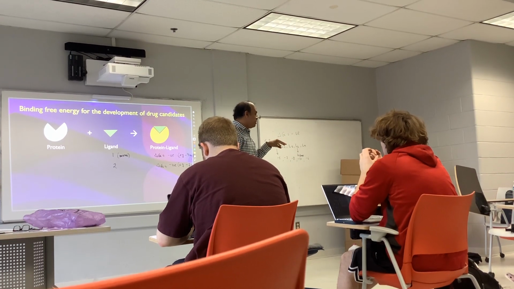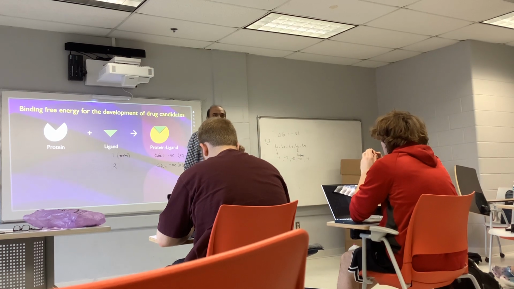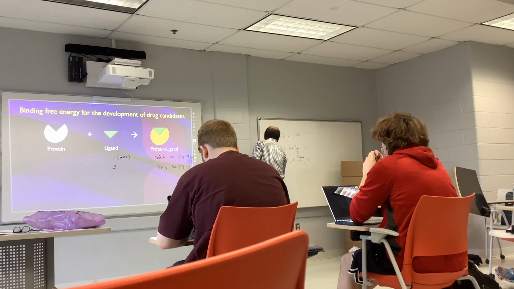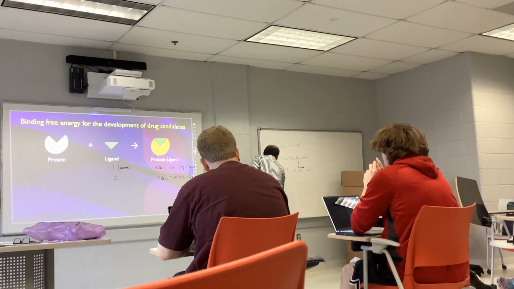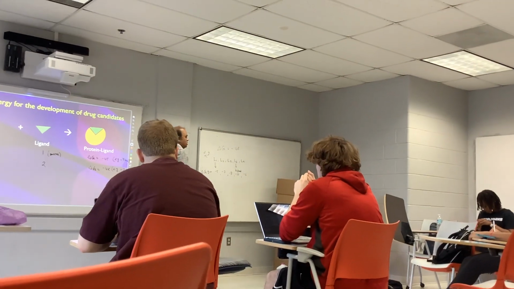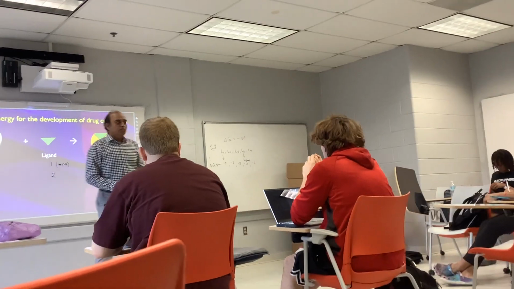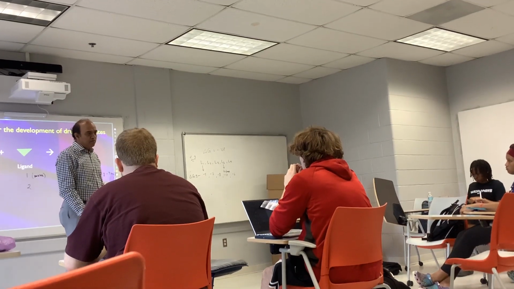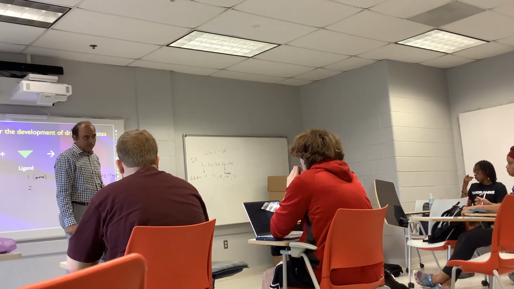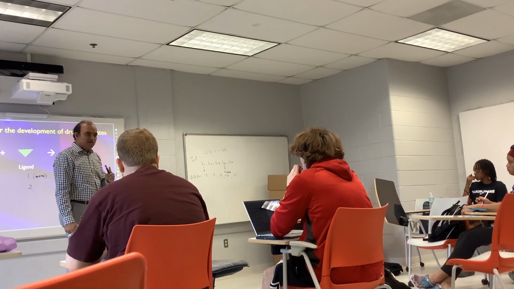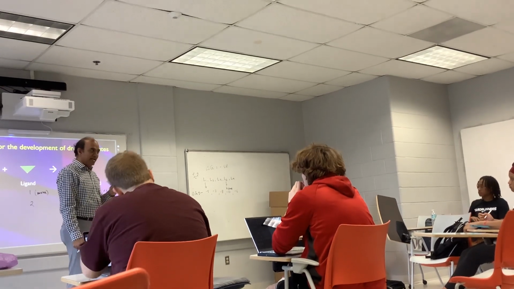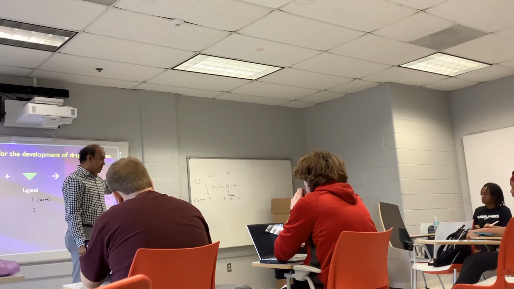All right? So here we are talking with respect to free energy, delta G, change in free energy, correct? But the problem is, experimentally we cannot measure free energy change. We can measure something else that gives you free energy indirectly.